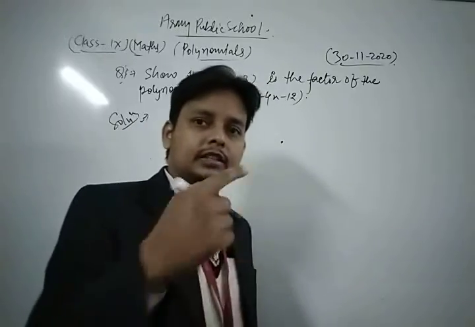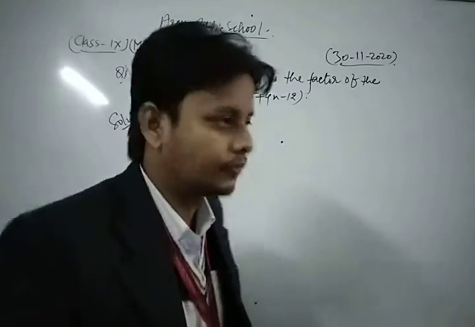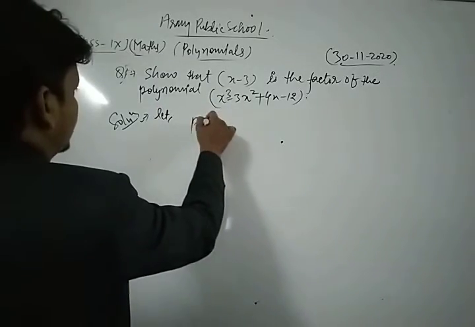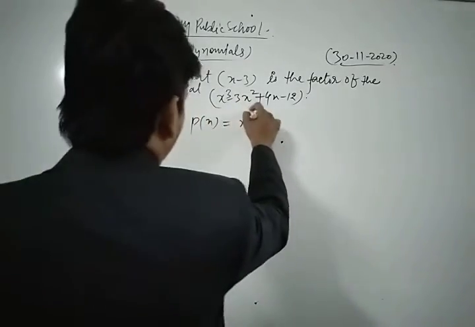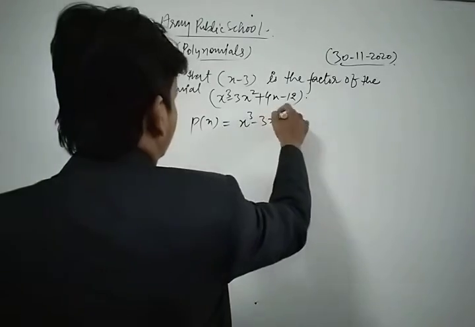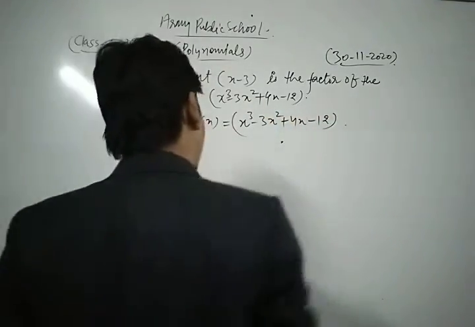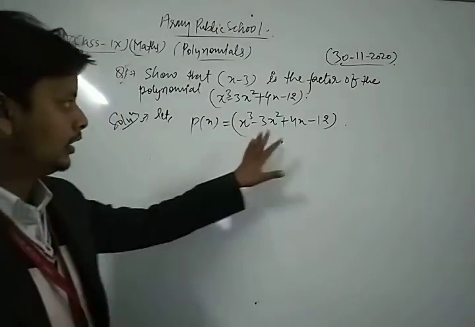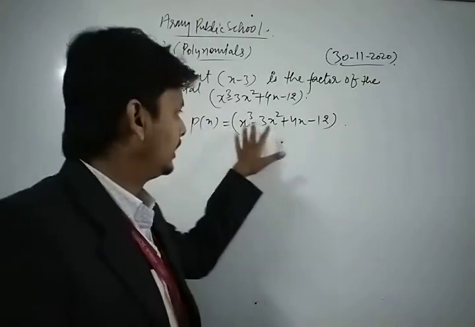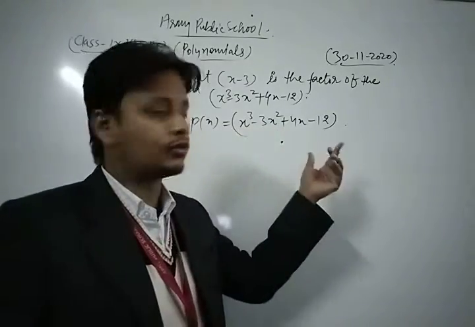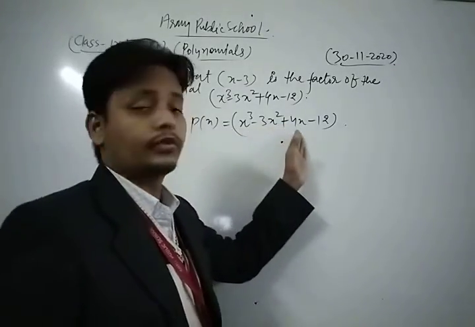So let's see the process to solve that type of question. First of all, let the given polynomial be P(x) equal to x cube minus 3x square plus 4x minus 12.